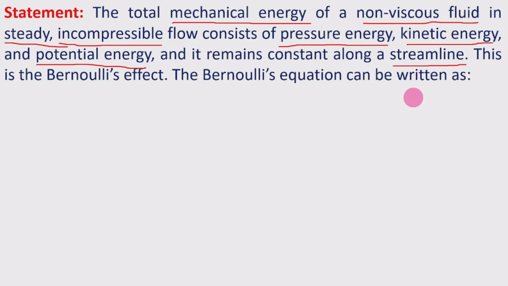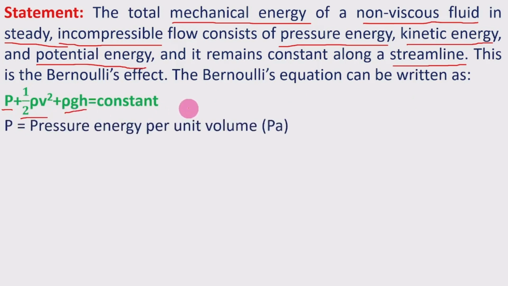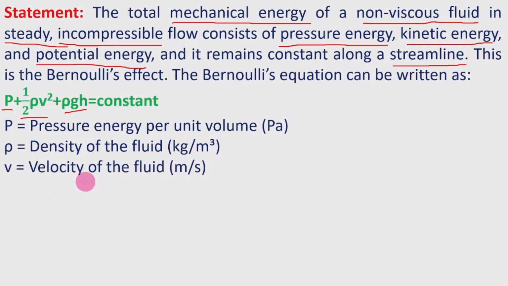Bernoulli's equation can be written as the sum of all three energies: the pressure energy, kinetic energy, and potential energy, equal to a constant. What are the terms we have taken? P is the pressure energy per unit volume in Pascal. Rho is the density of the fluid in kg per meter cube. V is the velocity of the fluid in meter per second.